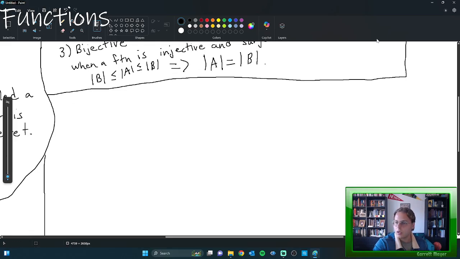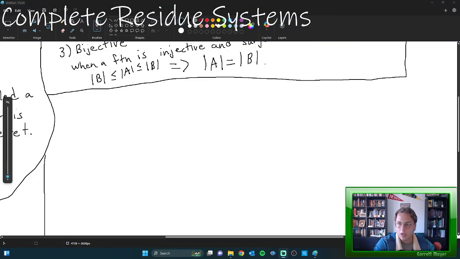So let's switch back to complete residue systems. Now that we have this concept of function established, we can see how it's useful for discussing the sizes of sets. Now we want to prove something about the size of these sets that we just talked about, complete residue systems. So, Theorem 3.16.